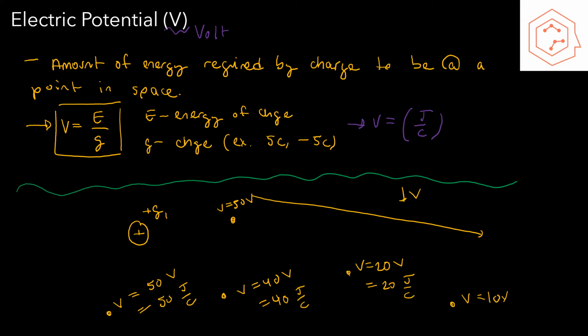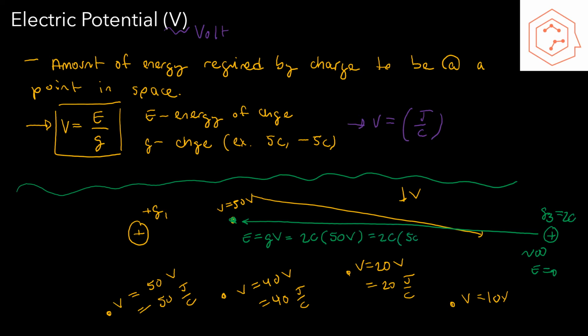What this means is if I have a positive charge, Q3, that's very far away from Q1, so at a distance of approximately infinity, and its initial energy is 0, the amount of energy I'd have to put into Q3 to bring it to this point over here, we can see that V equals E divided by Q, so then E is equal to Q times V. Let's say Q3 is 2 coulombs, then 2 coulombs times 50 volts is equal to 2 coulombs times 50 joules per coulomb, which is 100 joules.